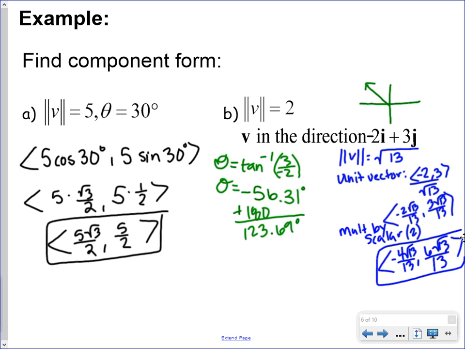So just in terms of practicing direction angle, your real direction angle is 123.69, to get you into quadrant 2. And then you could do component form like we did for part A. So you could set it up and do 2 times cosine 123.69 and 2 times sine of 123.69.